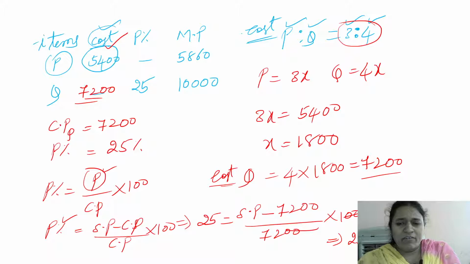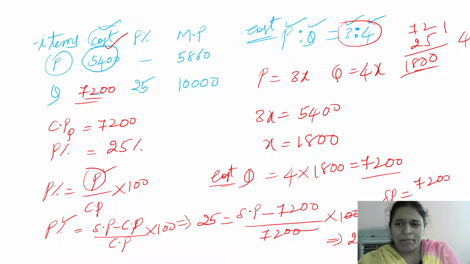From this, if we find this, how much will we get? 72 into 25, how much? 1800. Yes, this is selling price is equal to 7200 plus 1800. What will we get? 9,000. The selling price of item Q is 9,000. We got the selling price of item Q.